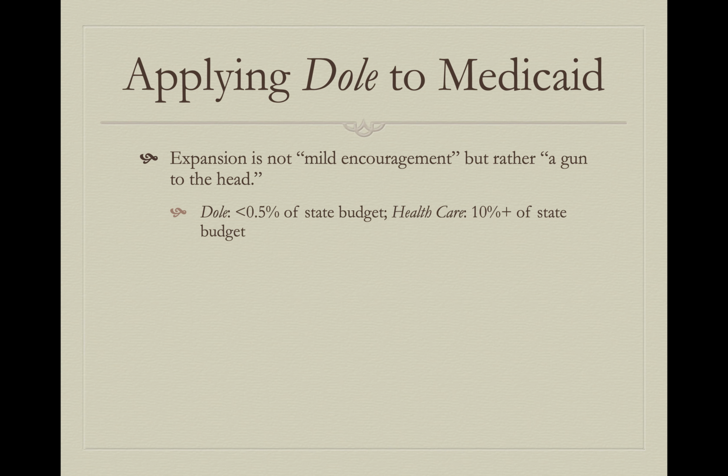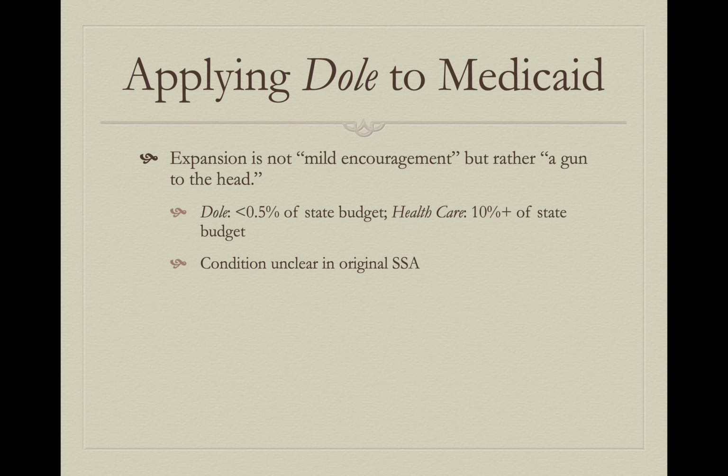But if the state that received the least federal amount of money said no to Congress in this instance, they would lose at least 10% of their state budget. And according to the court, that's not a real choice. No state can afford to lose 10% of their budget. So therefore, this wasn't a true choice for the states.